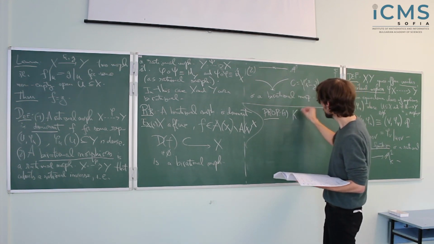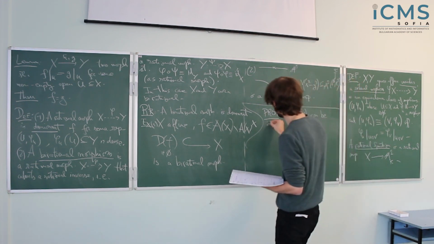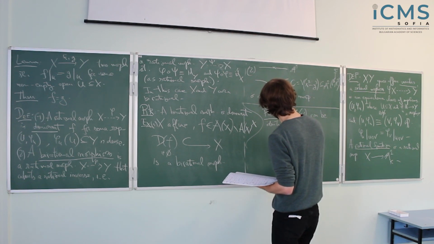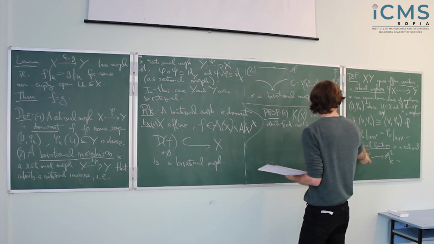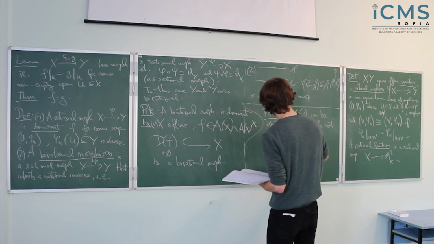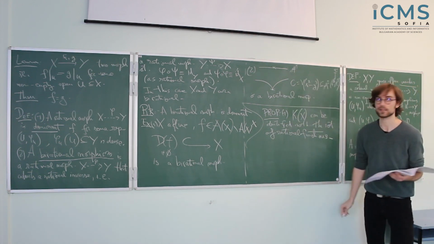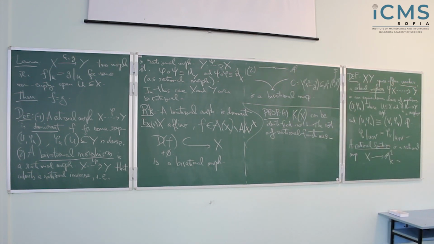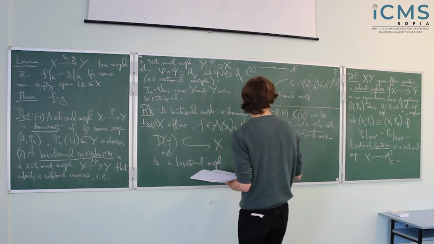So K of x can be identified with the set of rational functions. If you remember, we defined K of x as being an equivalence class of regular functions defined at open sets. So if you want to think about rational functions, think of something inside of the function field.